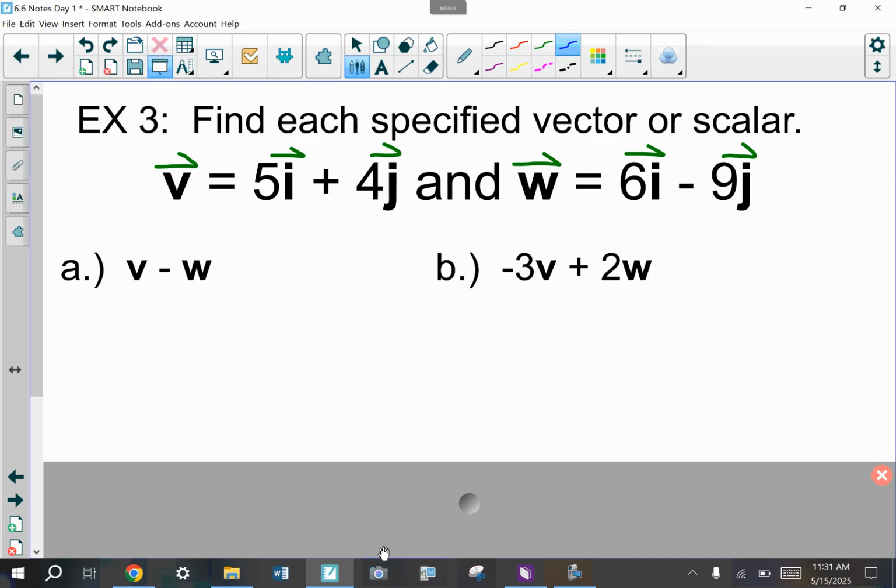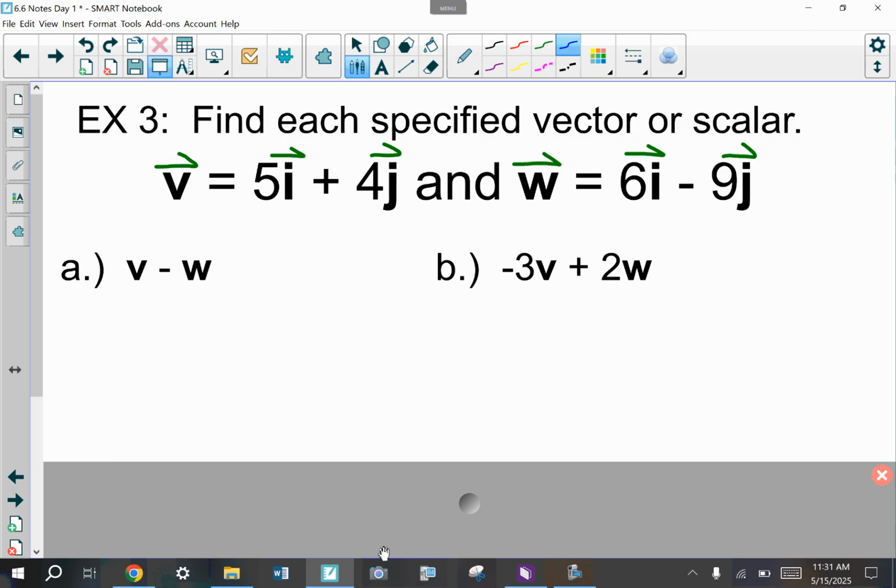Follow me there? So this would be vector w, so this would be v minus w. And then our final answer would be the position vector starting at the origin and going to where that ends. We could call this the resultant vector, so I'll just call it vector r. Follow me there? That's graphically what's happening.